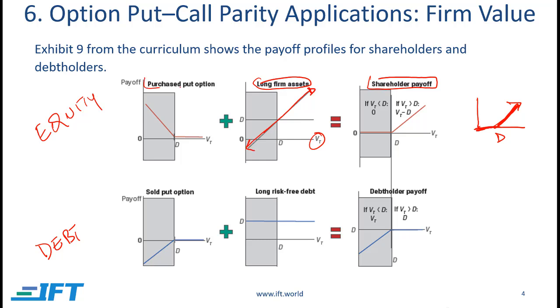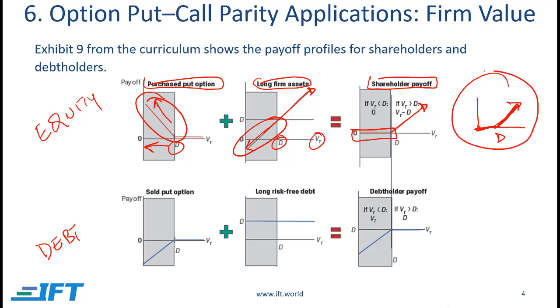But at the same time, they've purchased a put option with the exercise or strike price of D, which means if the value goes below D, then this put option is in the money and it will give money to you. So this part and this part cancel each other out, and that is why you get this flat line over here. And then the top part is there, which in the end gives you this payoff for the equity holder, which is the combination of a long position on the firm's assets and a put option on the firm with an exercise or strike price of D, right?